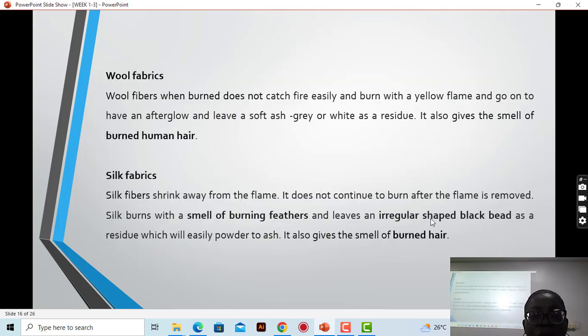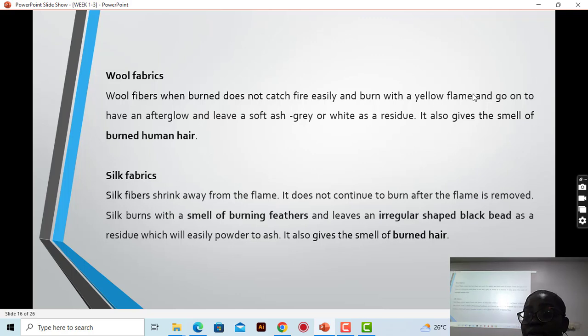So we have the wool fabrics. Now, how do the wool fibers behave if they are burned? So when burned, they do not catch fire easily and they burn with a yellow flame. Mind you, it's also natural, but it's not plant based. Yeah, it is from an animal.